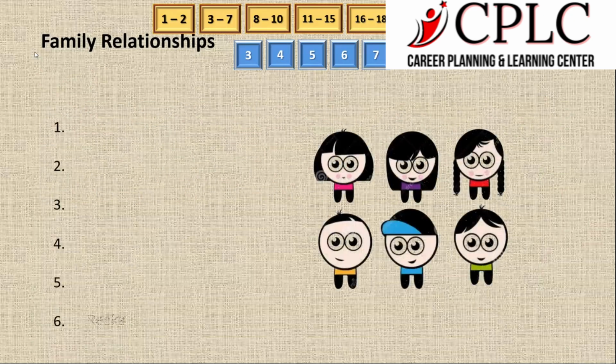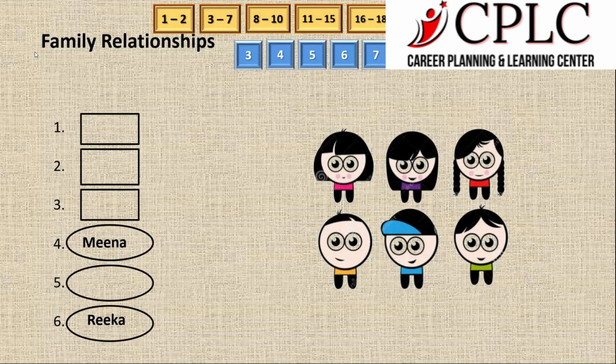First, it is known that Rika is the youngest and Meena is older than both her sisters but younger than all her brothers. So I'll leave the first three places for her brothers, and I'll write Meena over here. So Meena, Rika, and Chika are the sisters and the others are brothers.